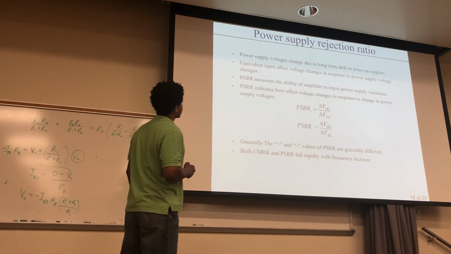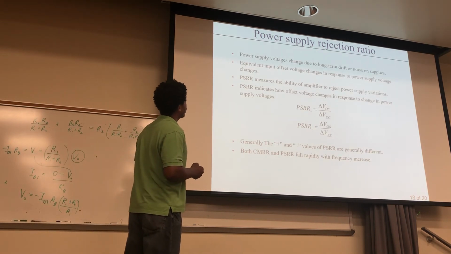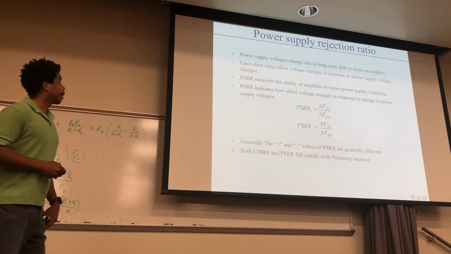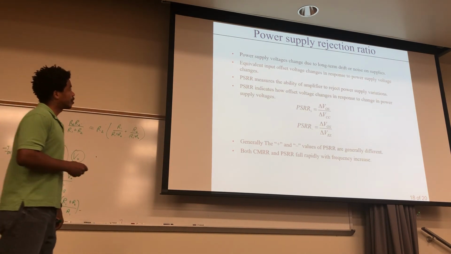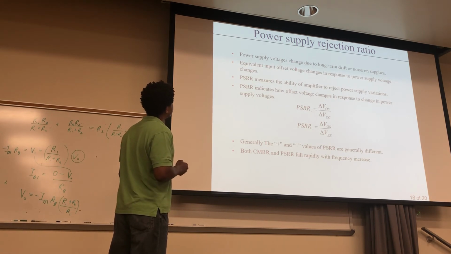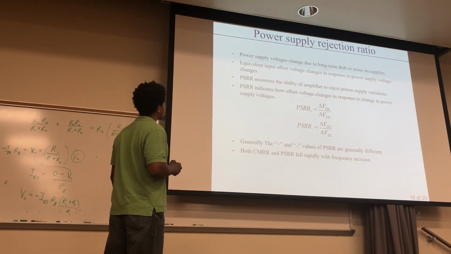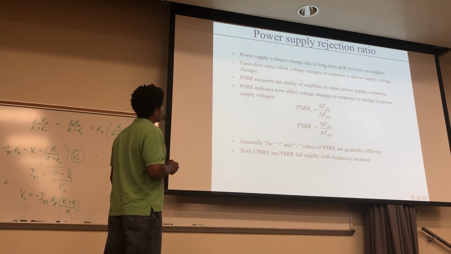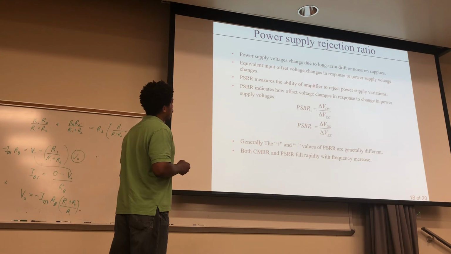There's also the concept called power supply rejection ratio. Just so you guys know, the power supply voltages can change due to long-term drift or noise on supplies. So equivalent input offset voltage changes in response to power supply voltage changes, and this PSRR measures the ability of the amplifier to reject power supply variations.